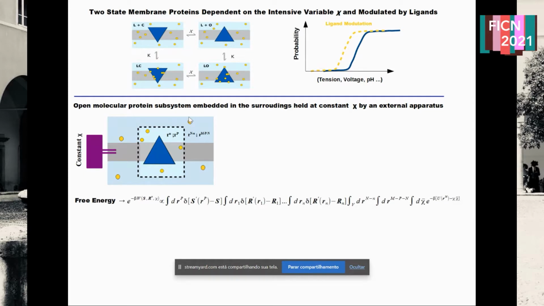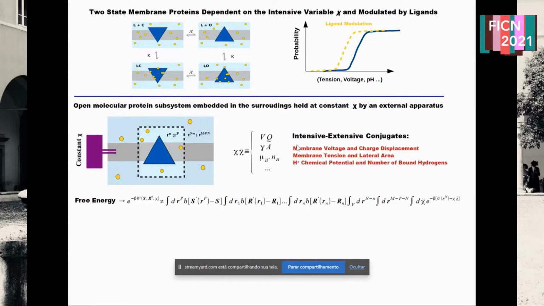The free energy of this whole construction may be defined for a specific conformation of the protein, S, and for the position of the ligands in the system, R, in terms of the microscopic potential energy of this extended system plus the energy of the external device. So chi bar is what is called intensive-extensive conjugates.